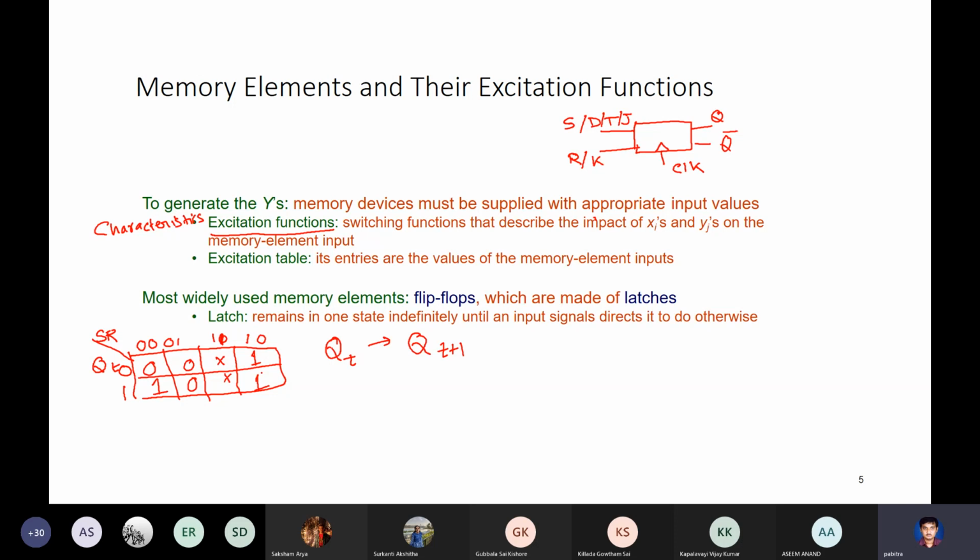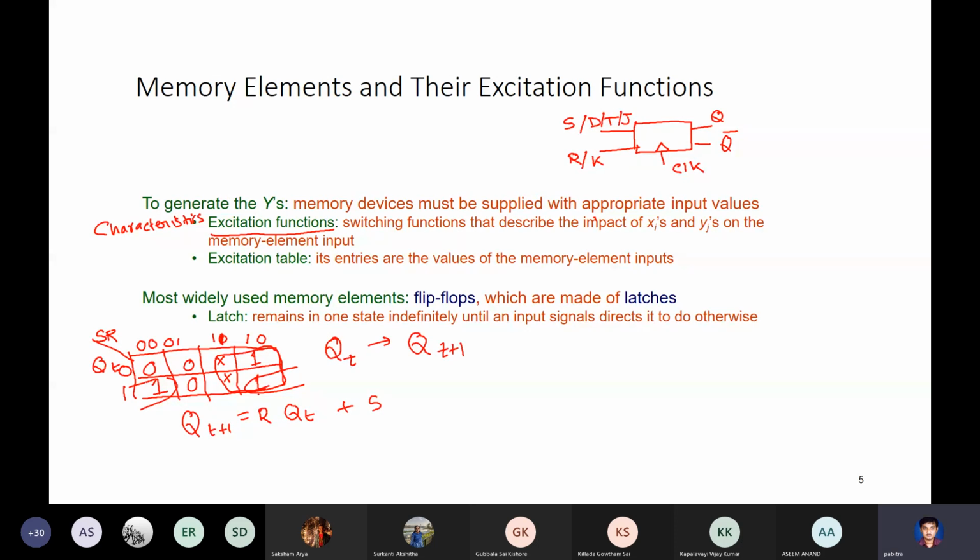You can also write it down as a function. Say Qt plus 1 is what this will be. Let me see, it is R times Qt. Maybe I'm wrong, I have to check. Let's form the truth table. So this is one block, and this is one block.